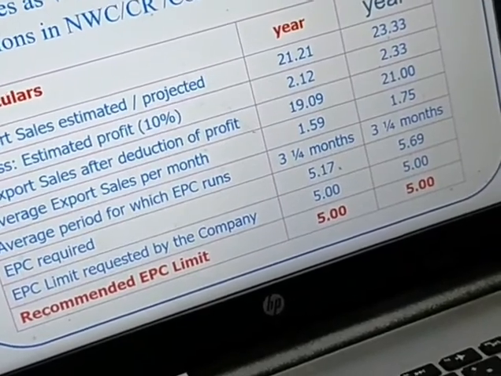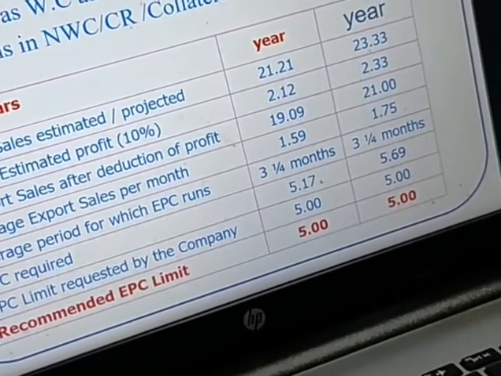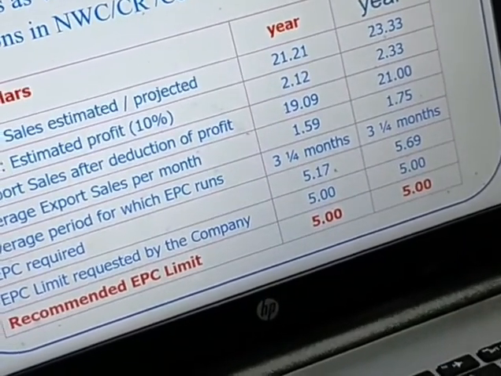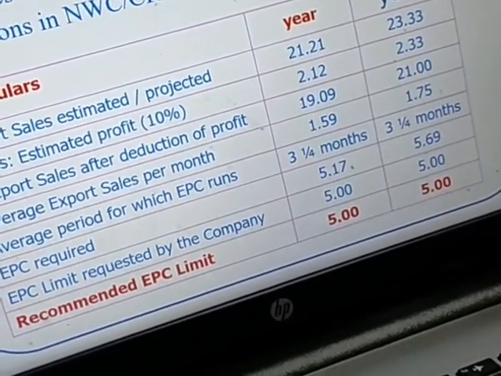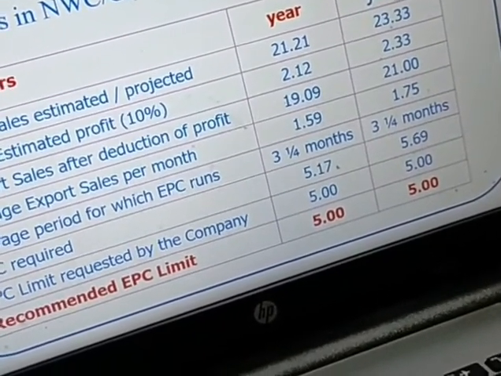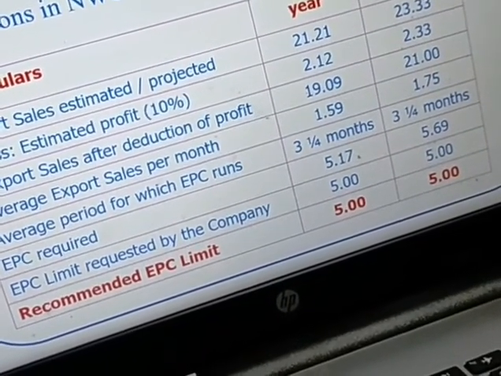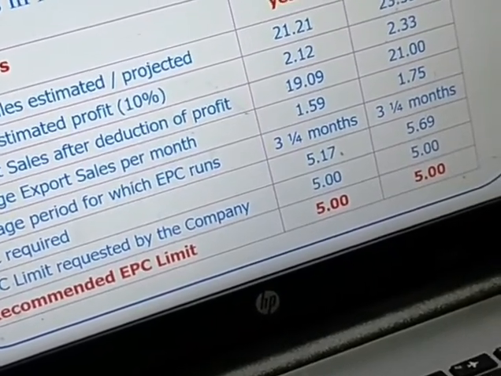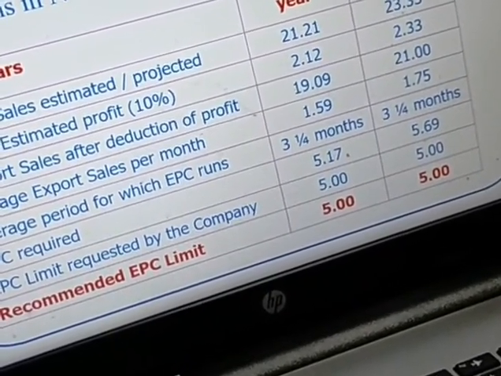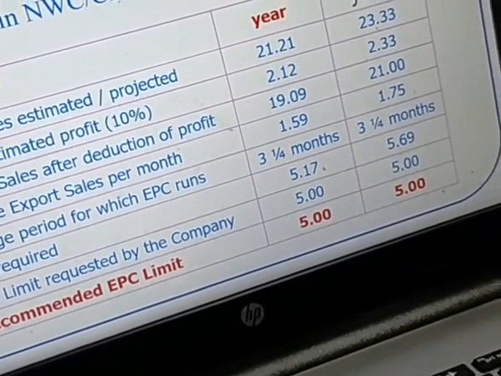Then the average period for which EPC runs is 3 1/4 months. Then EPC required, that is export packing credit required, is 5.17, 5.69. But the EPC limit requested by the company is only 5 crores. So straight away you can recommend the EPC limit as 5 crores.